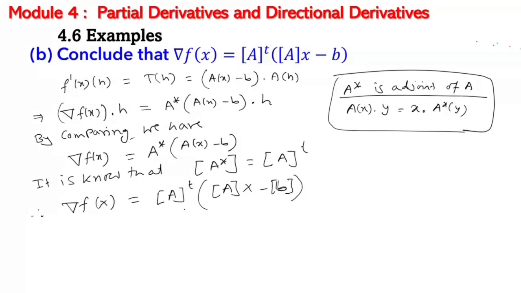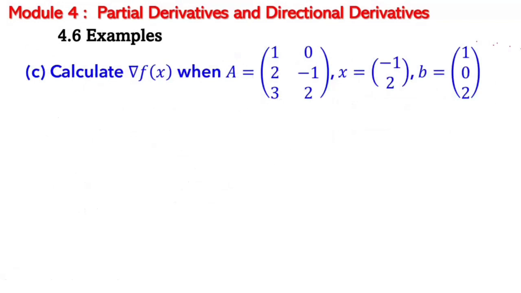Now the next part: if this is the relation, then what will be the gradient of f? The last question is the gradient of f in the case where A is like this. So we recall from part B that the gradient of f of x is equal to matrix A transpose times (matrix A x minus matrix B).